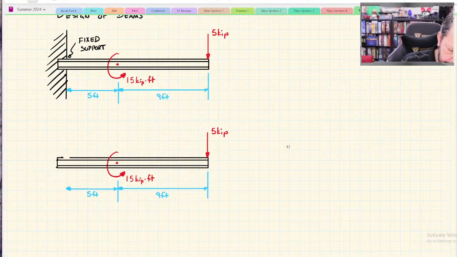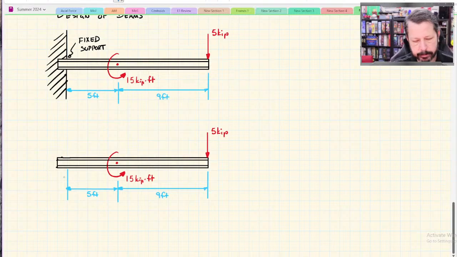All right, looks like I erased a little bit of the beam. And here, that was where we had our leader line.